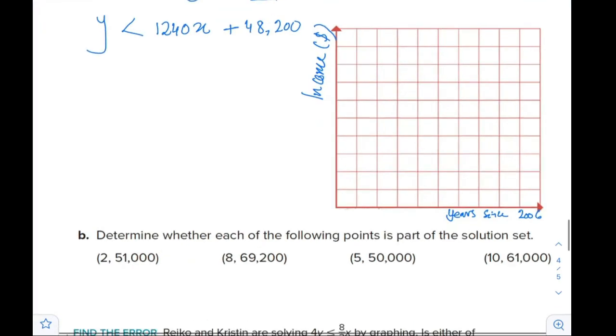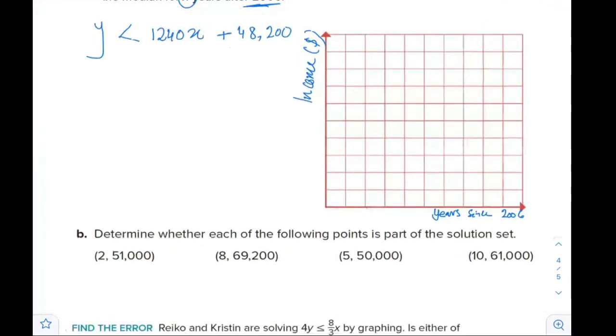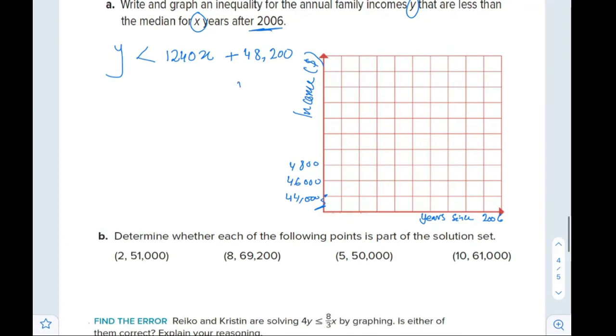So we will change the scale since we are not going to use everything here. We will start at 44,000 and then 46,000, 48,000. Actually, 2 points will be enough for us. Let's generate our table to see where we can reach. If x is 0, then definitely the y, which is the income, will be 48,200. So we will start here.